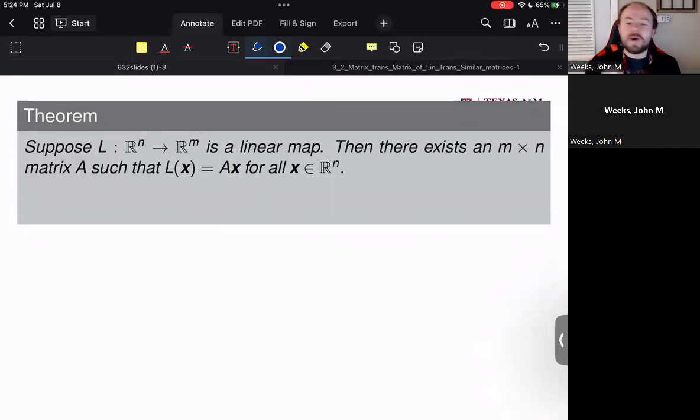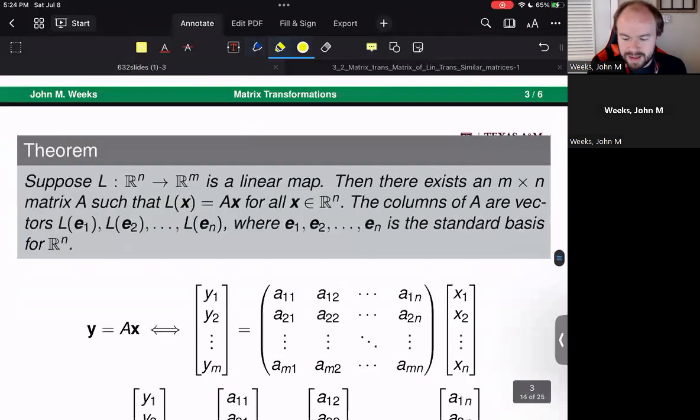Suppose that L from Rn to Rm, now for generic dimensions n and m for our domain and codomain spaces, is a linear map. Then there exists an m by n matrix A such that the linear map is described as matrix multiplication by A. This will satisfy any domain elements that we have in Rn.